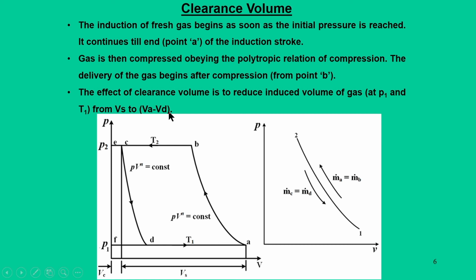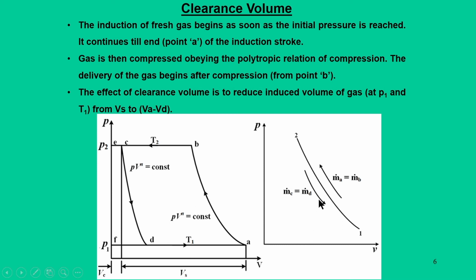Another interesting point is that when you look at this compression, whatever mass is available at point A, m dot A, that entire mass gets compressed, so it becomes m dot B. So, m dot A is equal to m dot B, and the gas left at point C, m dot C, is equal to m dot D, because this gas expands, and due to the presence of this gas, your induced volume into the cylinder gets reduced.